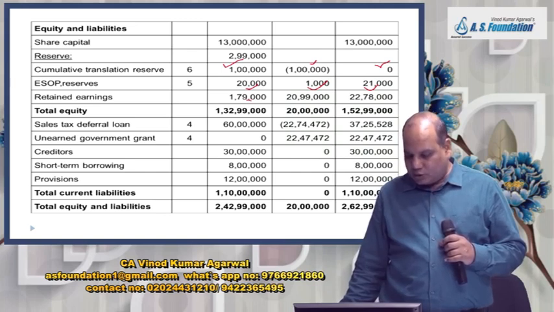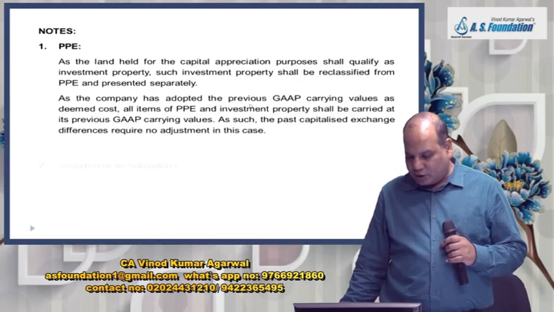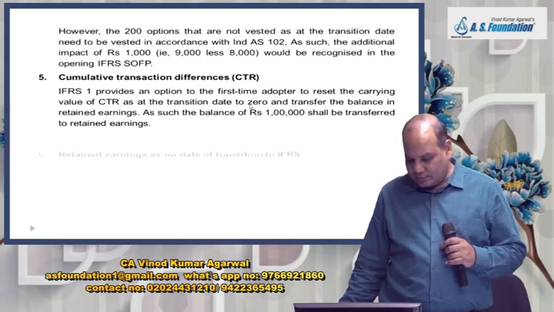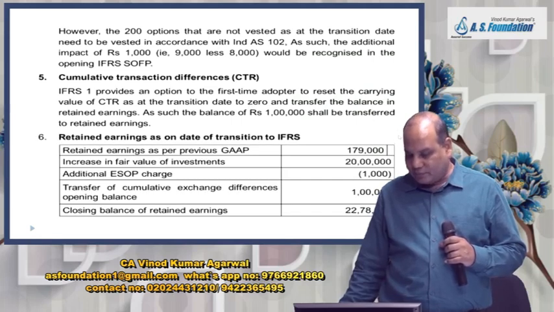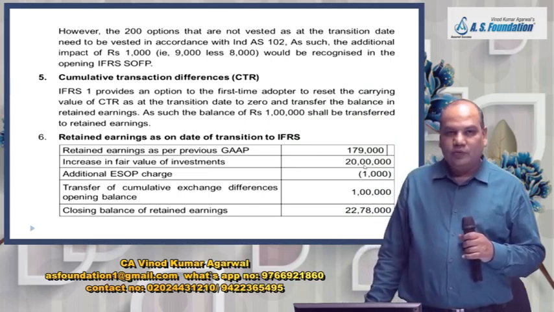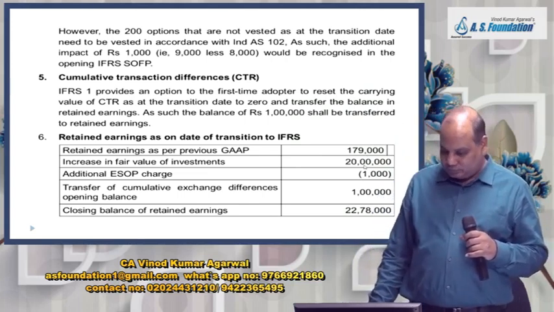The important thing to understand is this retained earning. For that, we'll just check that working note printed in your notes at the end. Go to that working note, number 6. Retained earning as per previous GAAP, tick mark, 1,79,000. Add increase in fair value of investment 20 lakh.